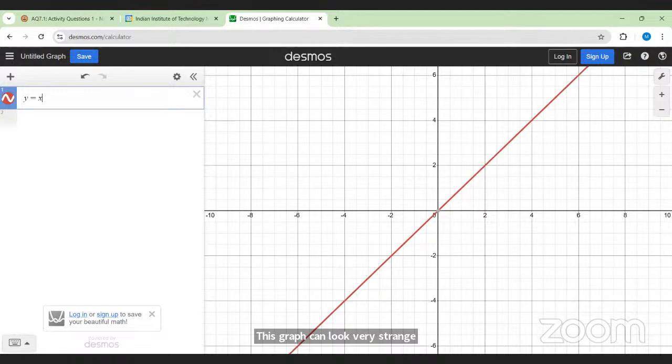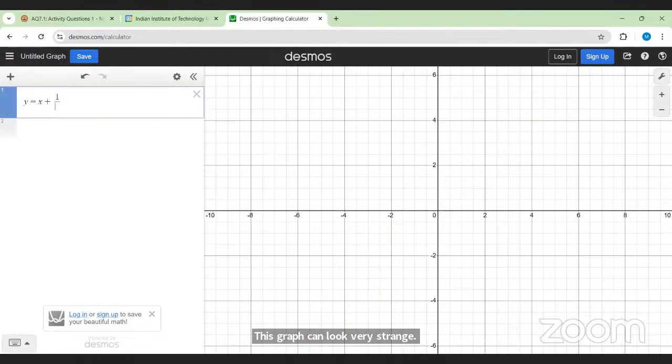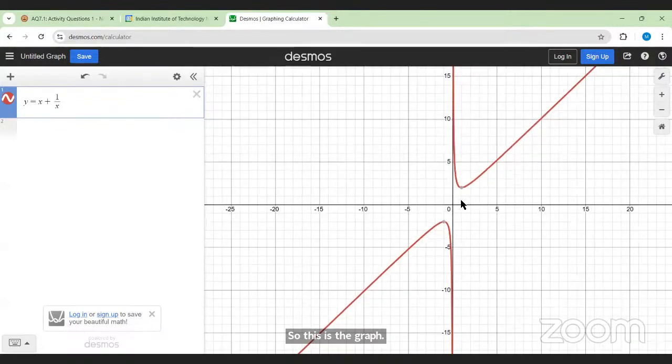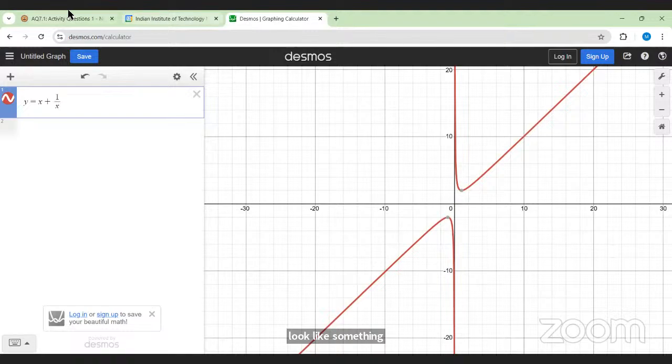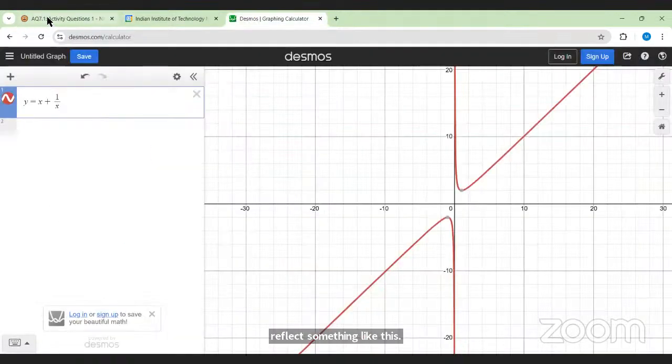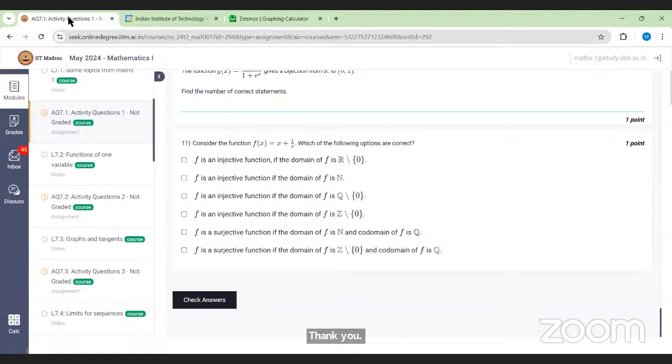So y equals x plus 1 by x is the graph. It looks something like this. Wherever you need the graph of some function, you can use Desmos to find it out, right?